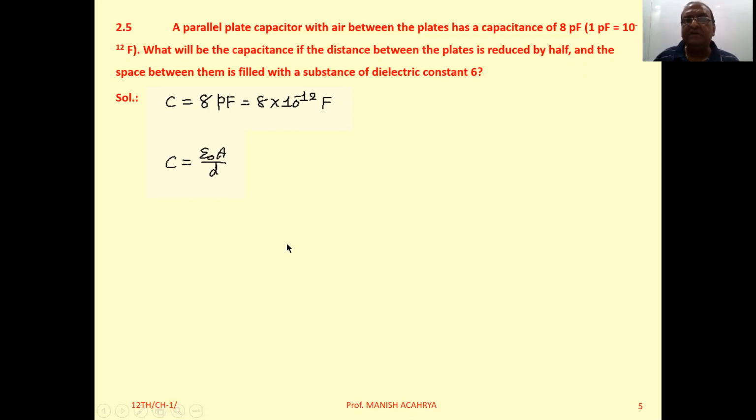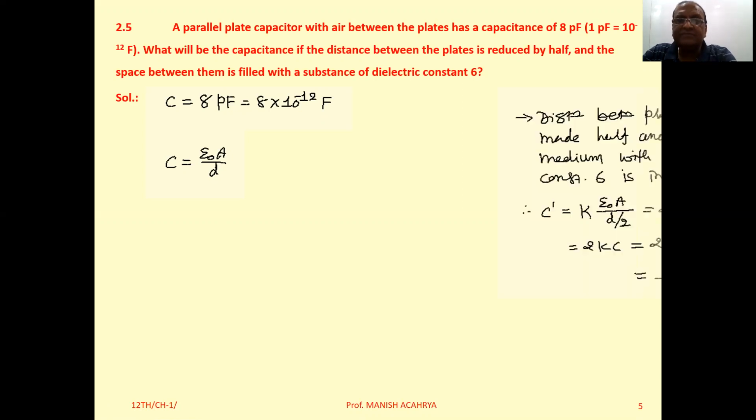So we can write the capacitance for the separation equal to D by 2, that is C dash equal to epsilon 0 A upon D by 2. And when the dielectric substance having dielectric constant K is introduced, the capacitance becomes K times.